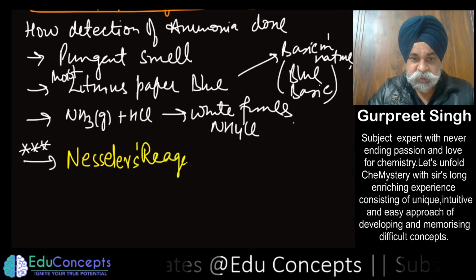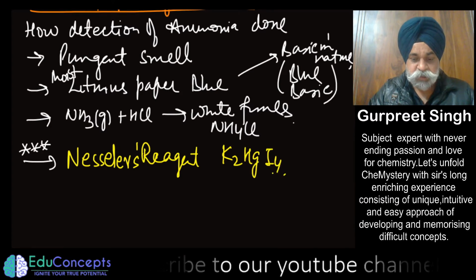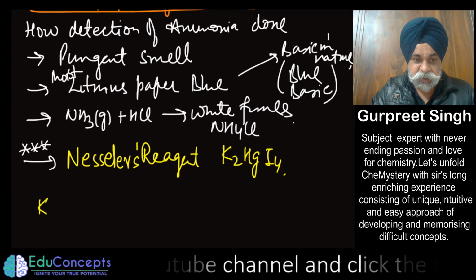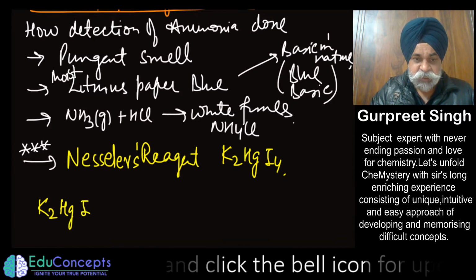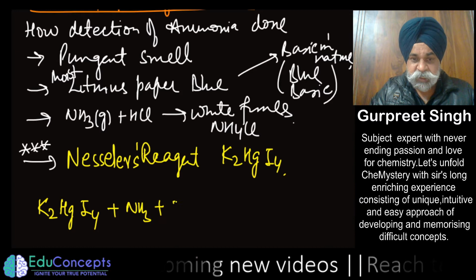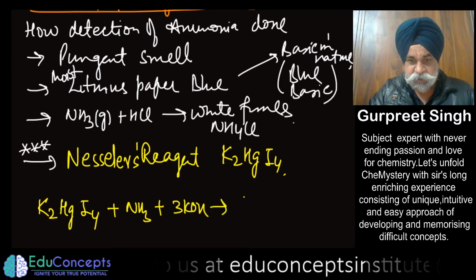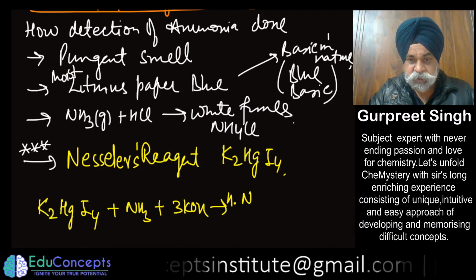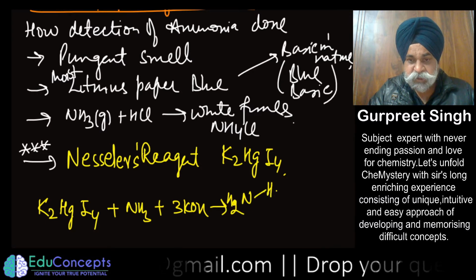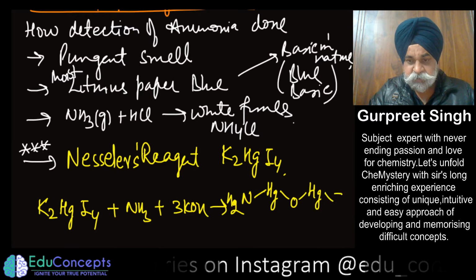What exactly is Nessler's reagent? It is K2HgI4. If you treat ammonia gas with Nessler's reagent in alkaline condition, with 3 moles of KOH, it tends to form this sort of complex, which we call NH2HgOHgI.